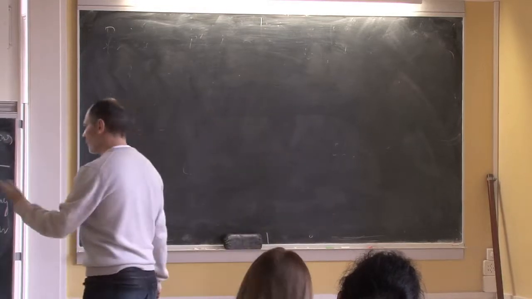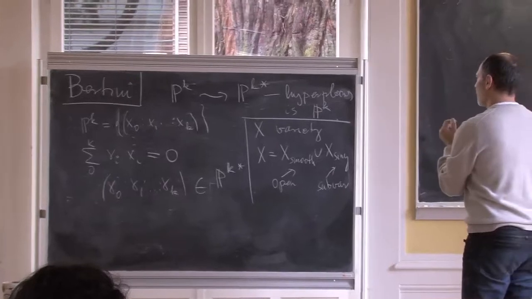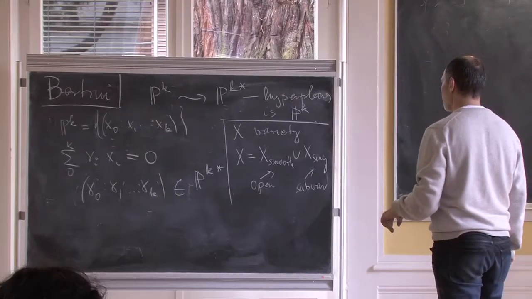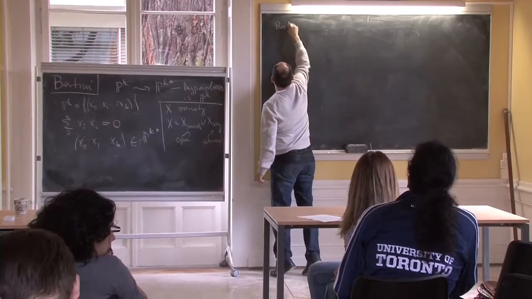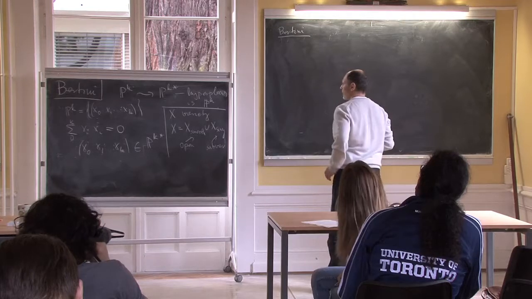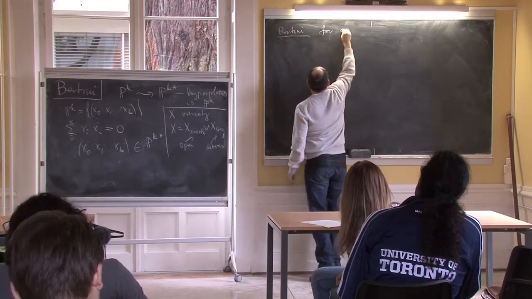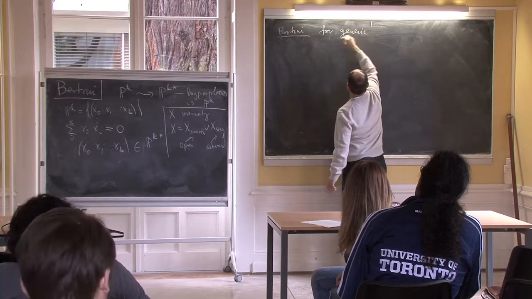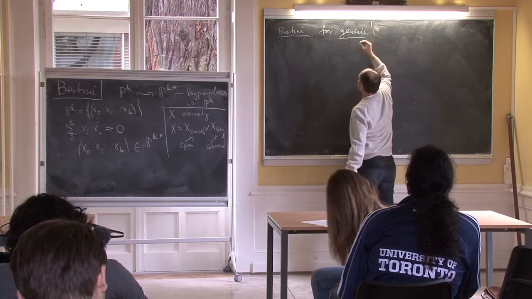And so now what I will do is I just take a generic, so the statement, the Bertini theorem now, says that if I take a generic... and by generic I just mean Zariski open.